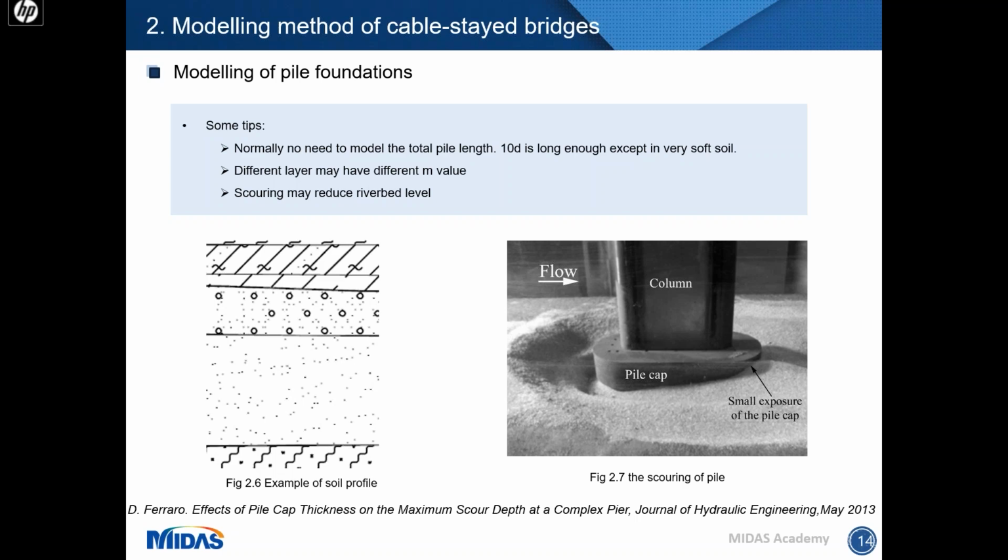If you look at figure 2.6, this is an example. On the top is mud, below the mud is sand, so they have different moduli. Another thing is scouring. We should ignore the soil within the scouring area.